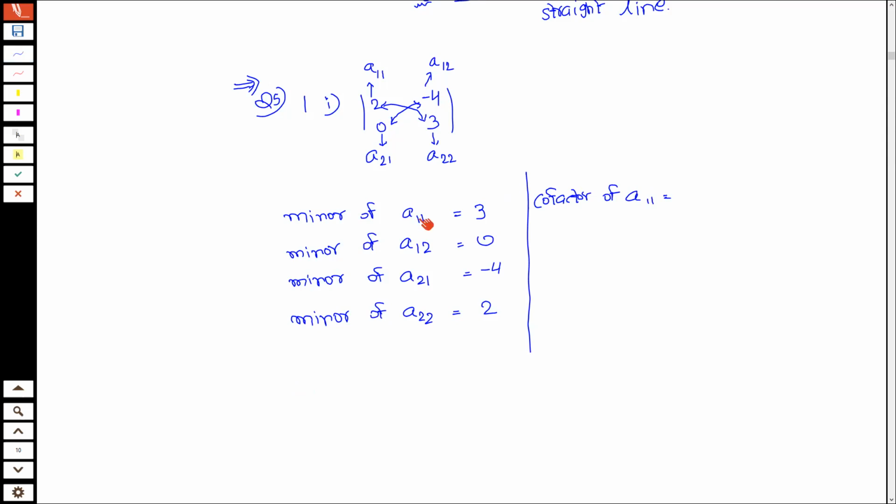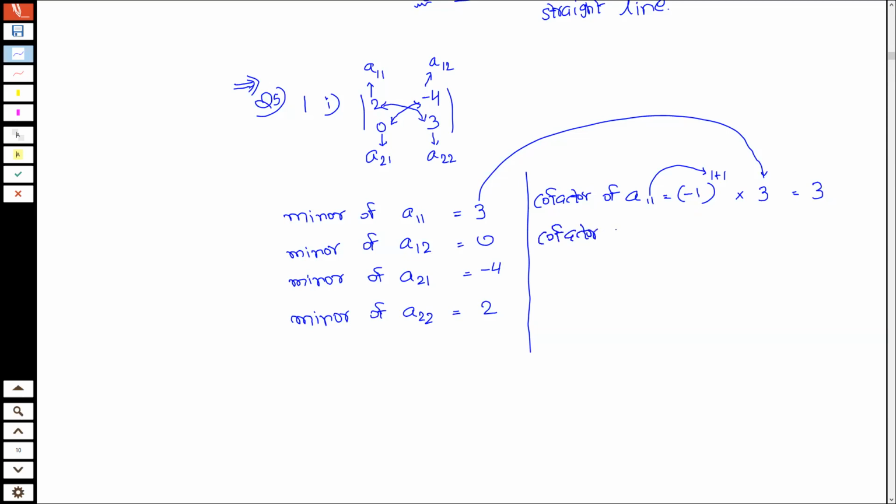For example, this is 1 1. So -1 का power 1 plus 1 into the same value. So will there be any change in sign? No, because -1 with even number will give you +1. So this will remain as it is. But here sign will change.